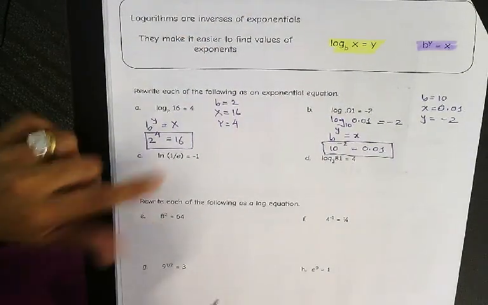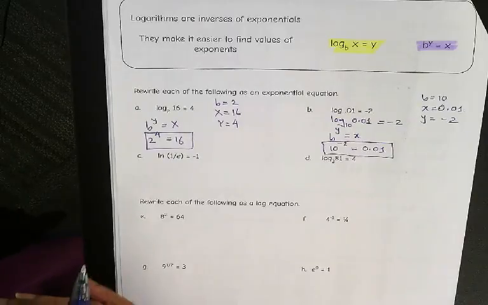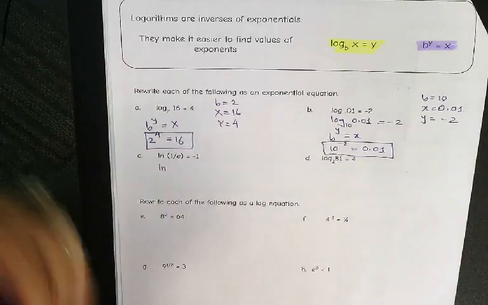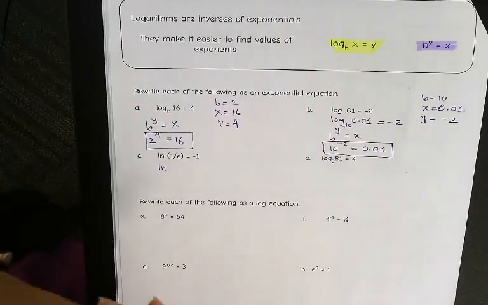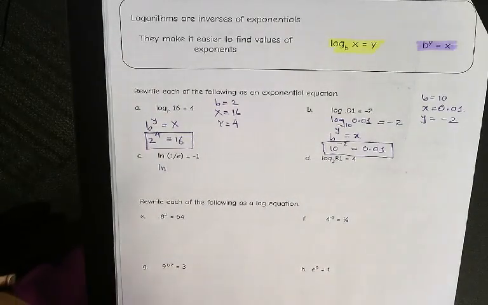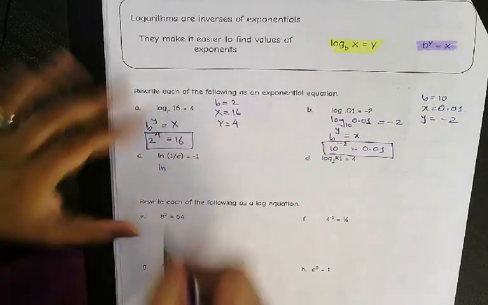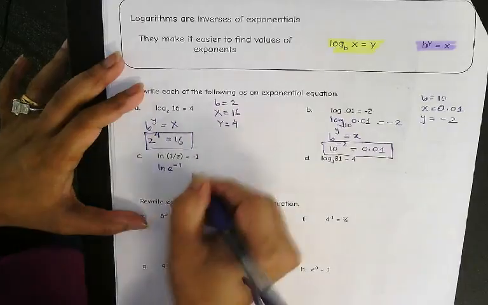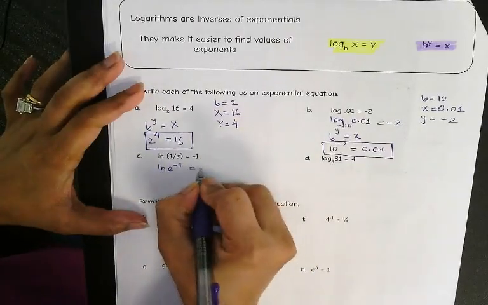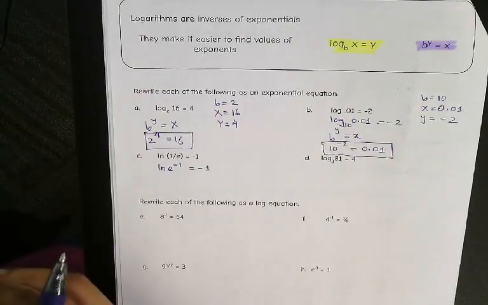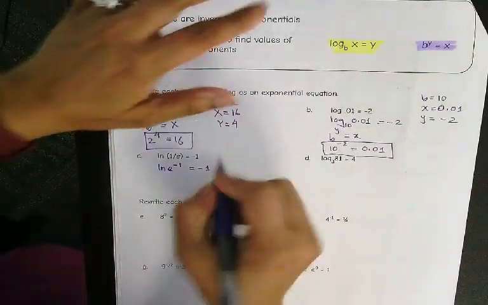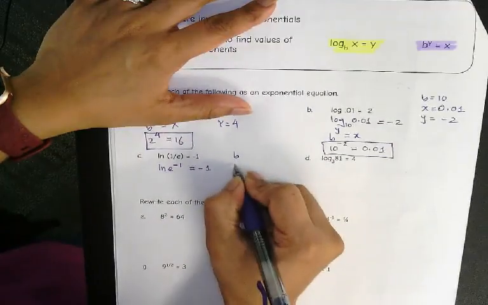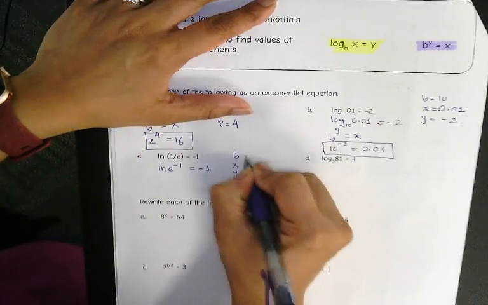Now over here we need to break it down. So ln 1 over e. How can I make it as a power? Negative 1. So e to the power negative 1 is going to be equal to negative 1. So what's my b, x, y?